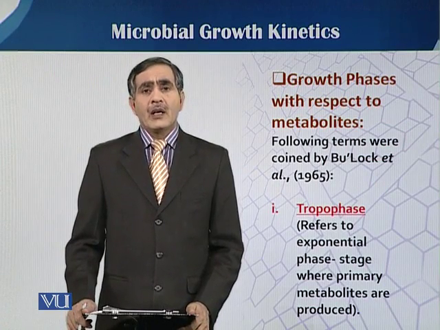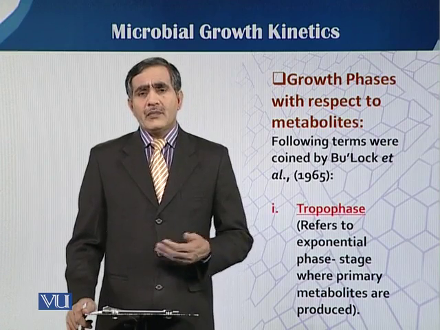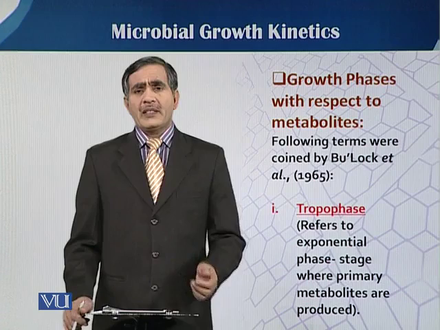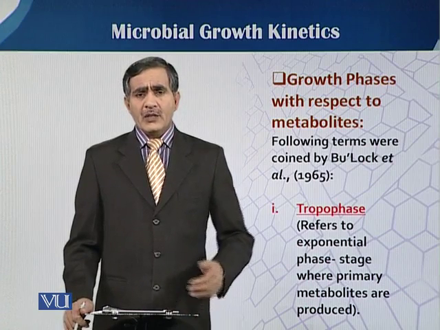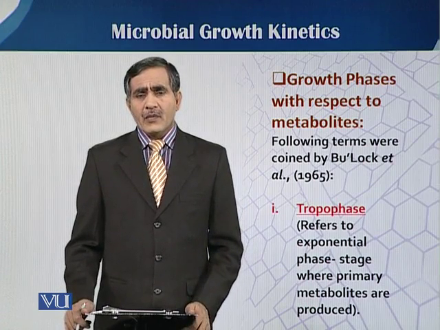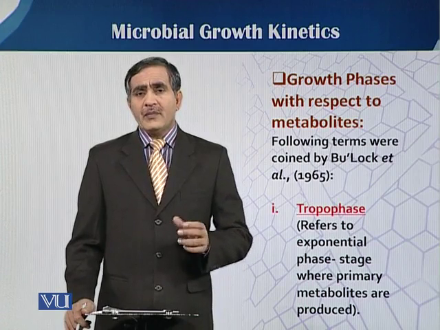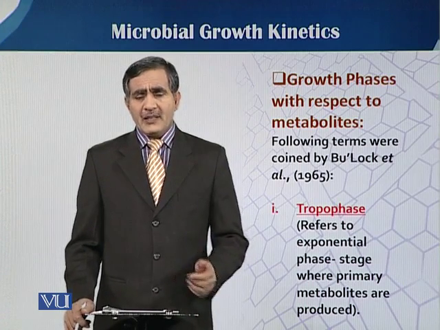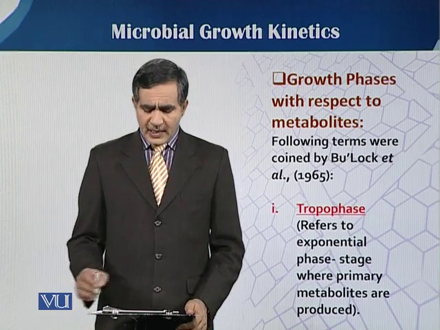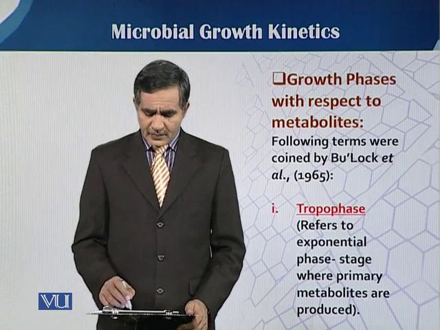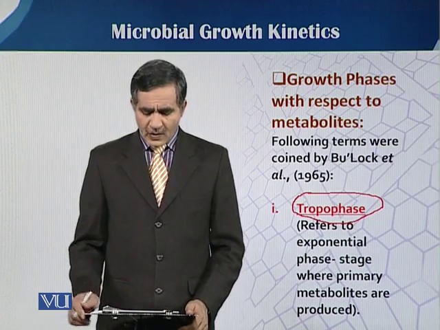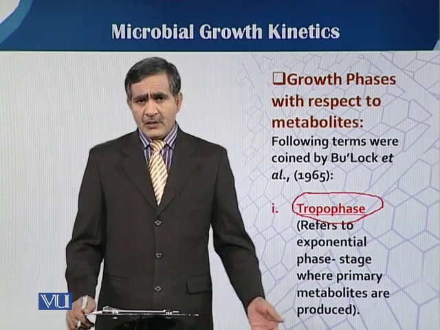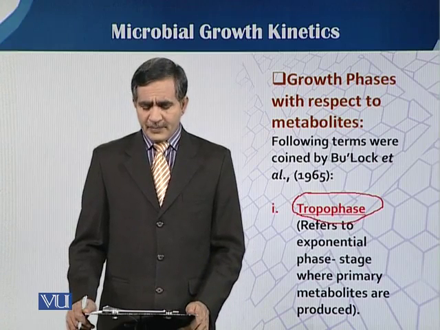Now with respect to Bu'Lock et al. 1965, they tried to discuss different growth phases in their own way. They divided the growth into 2 major phases. The first one is tropophase, and the second one is idiophase, which you will see in the later slide.